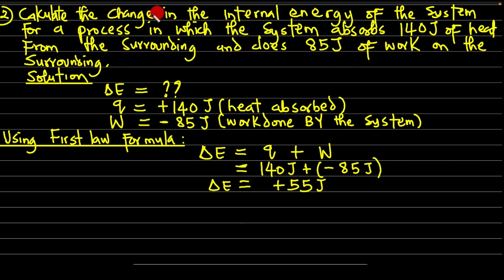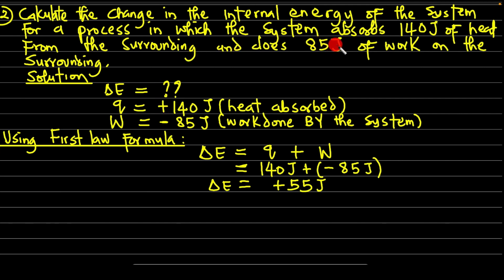The next question said, calculate the change in internal energy of the system for a process in which the system absorbs 140 joules of heat from the surrounding and does 85 joules of work on the surrounding. They told us that the system absorbs 140 joules of heat, that means our heat is going to be plus, because heat is absorbed, gain of heat, from the surrounding.